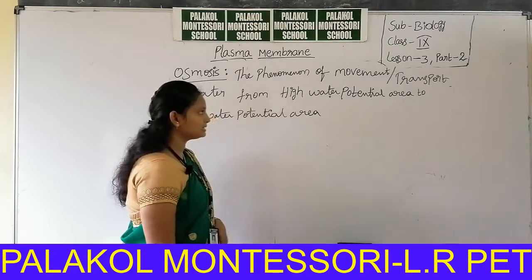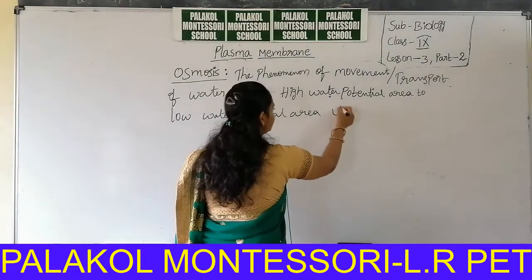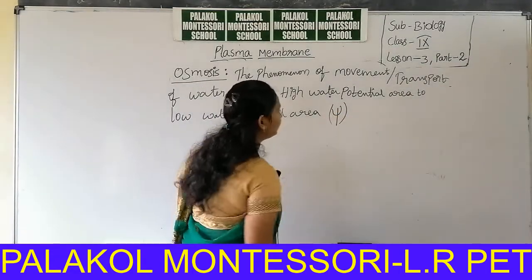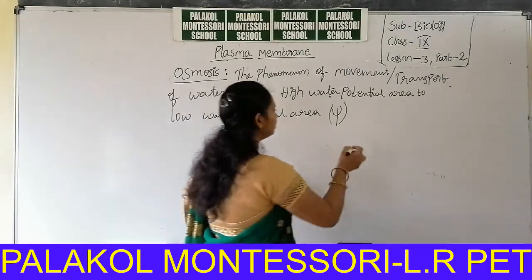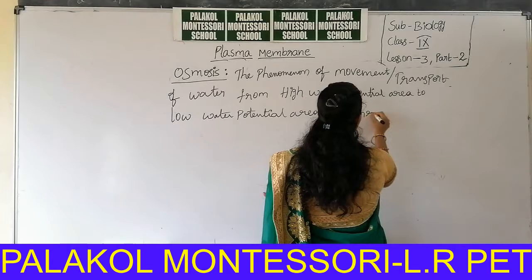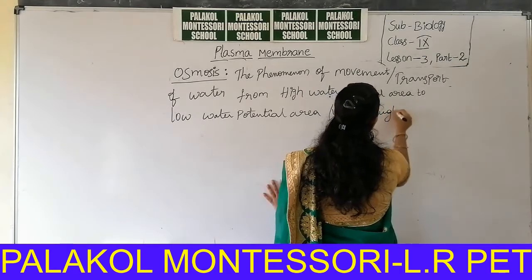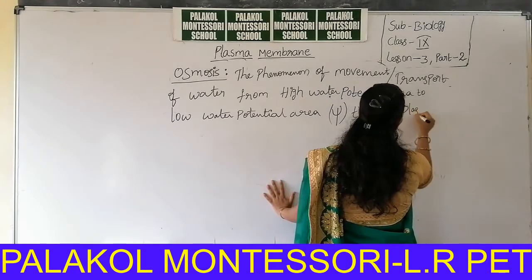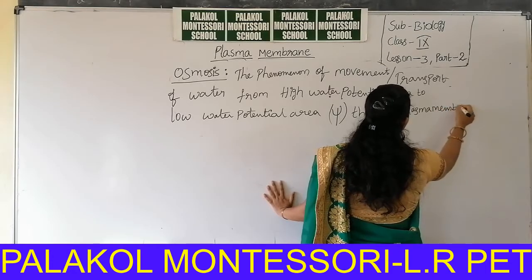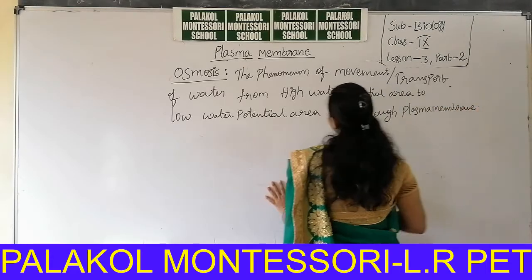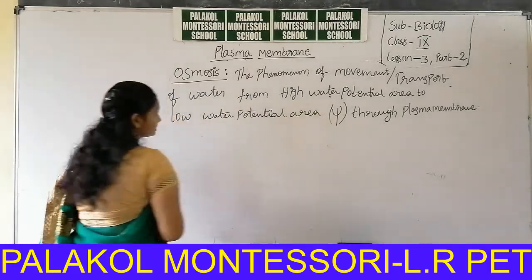Water potential is denoted with a symbol psi. Through plasma membrane. Through plasma membrane only osmosis can occur. It is called as osmosis.